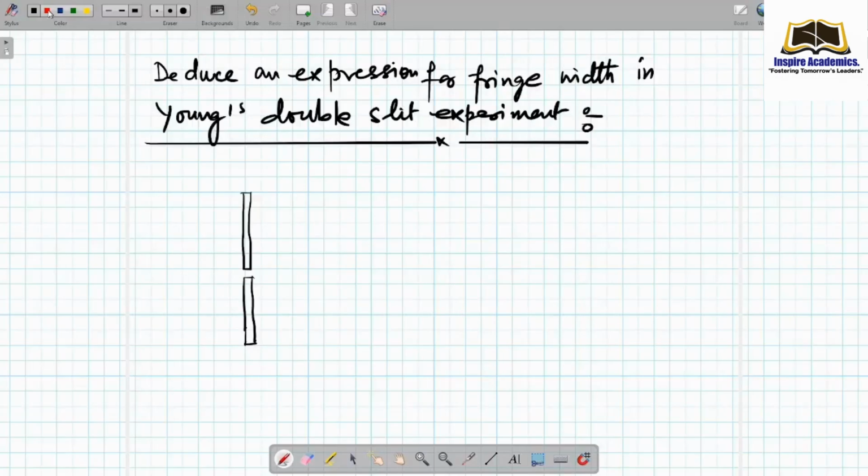For example, suppose you keep a bulb like this, it's a source. So from here you will have the wavefront like this. Okay, so I will call it the source S.